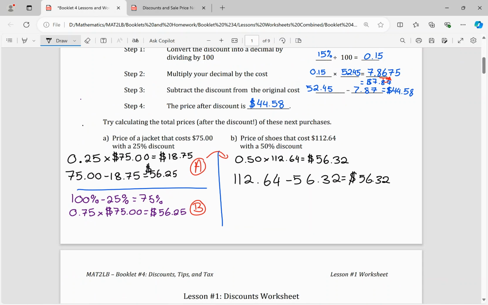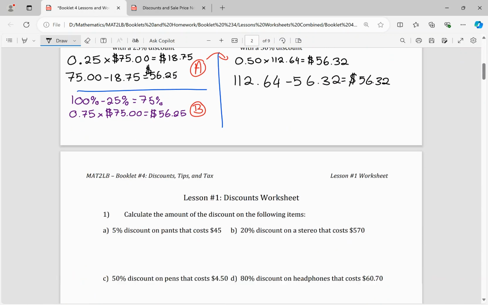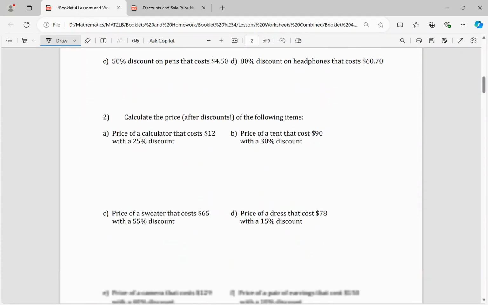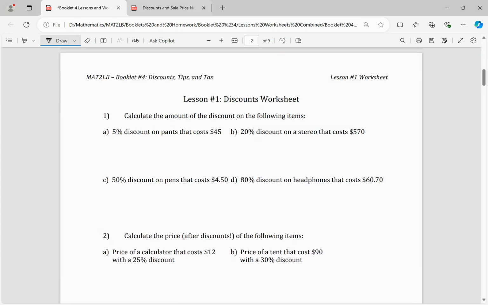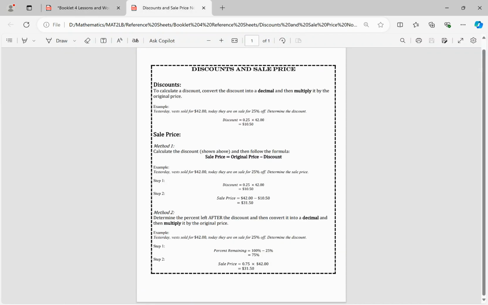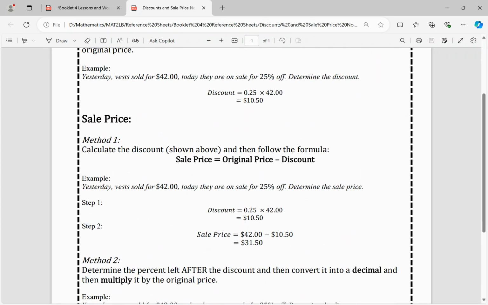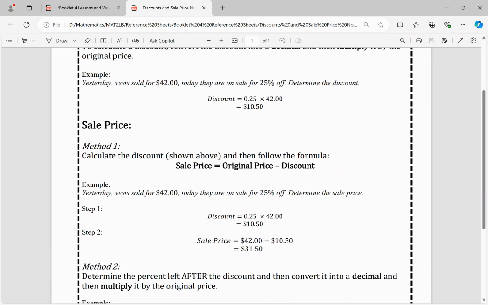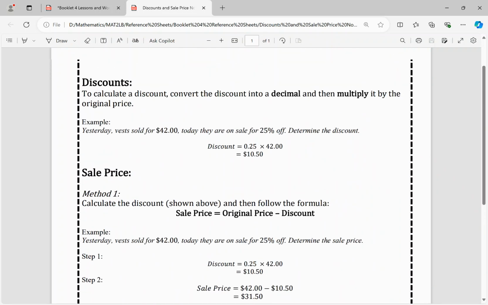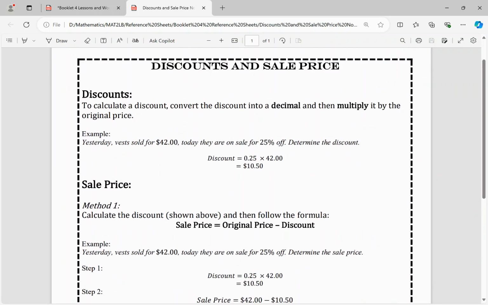Now, a couple of things before I end this video. One, as usual, you have your worksheet immediately after in your booklet. But at this point, you should also have a handout, a reference sheet in the back of your binder that summarizes this lesson. Right? We talk about discounts at the top.